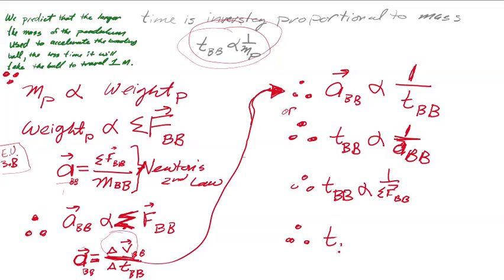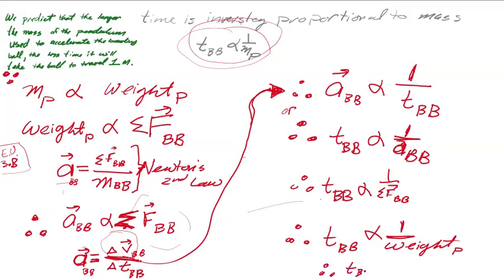Therefore, the time of the bowling ball is inversely proportional to the weight of the pendulum. See how I'm just going back up? This one is from the acceleration, this one is from net force, the next step up after net force is weight, and then after that I can get to the time of the bowling ball is inversely proportional to the mass of the pendulum.